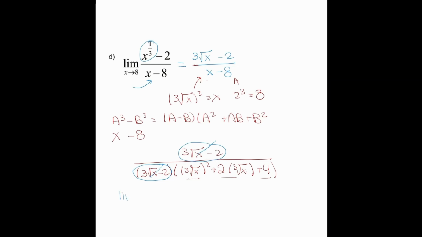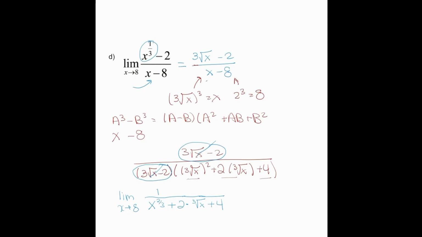That leaves me with my limit as x approaches 8 of 1 over all of this other bit at the bottom. So we are left with the cubed root of x squared, which I'm going to rewrite as x to the 2/3 because that's the same thing, plus 2 times the cubed root of x, and then I have 4 on the end. So now we've simplified it and rewritten it.